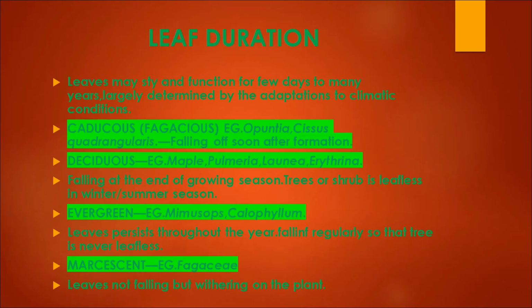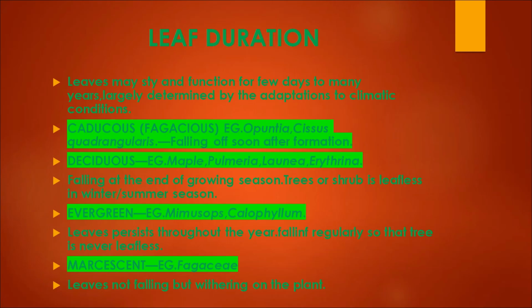Life duration. According to the duration of the leaf, they are classified into caducous, deciduous, evergreen and marcescent. The leaf may live for a few days to many years, and it is largely determined by the adaptation to the climatic condition.